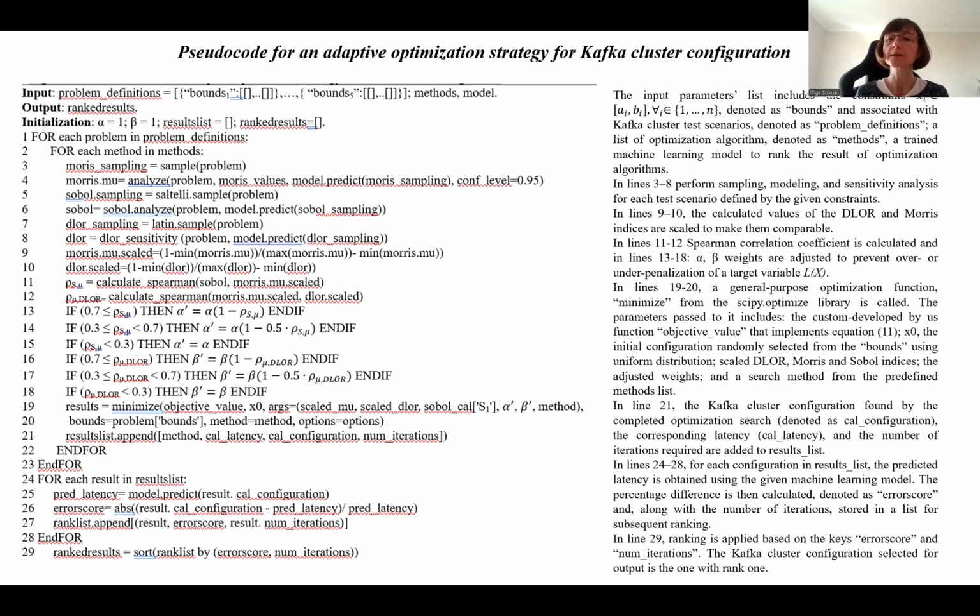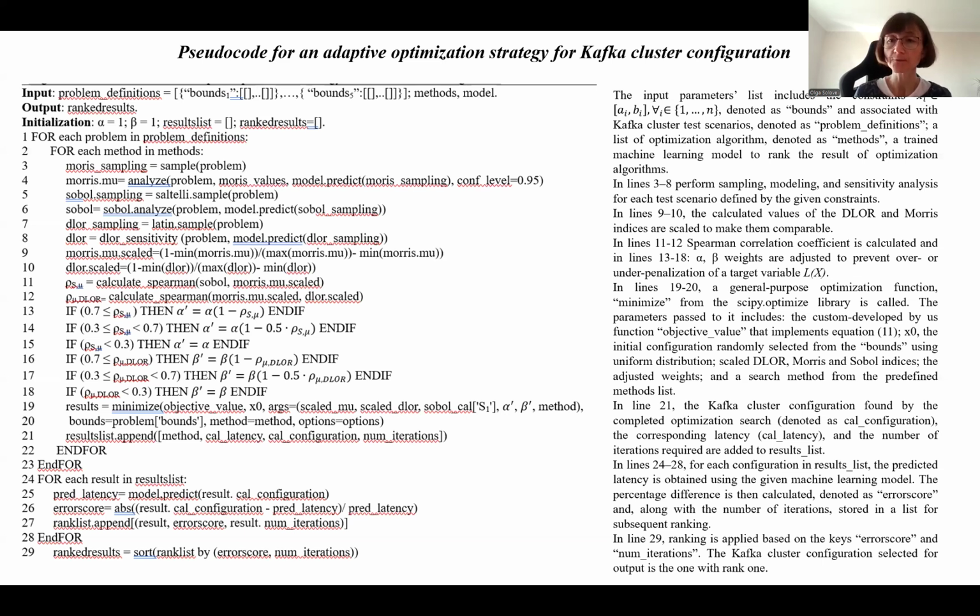In line 21, the Kafka cluster configuration found by the completed optimization search and the corresponding latency are received as well, and those parameters are stored in the so-called result list.